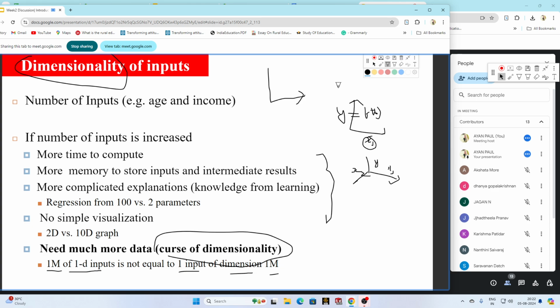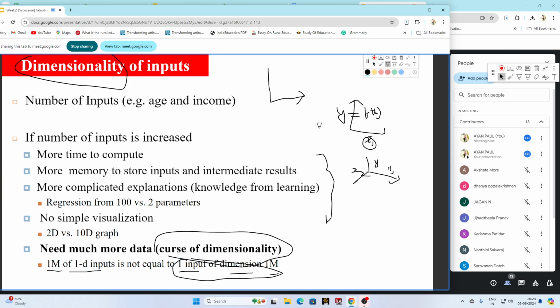So both these things appear similar. Like 1 million into 1, we technically have 1 million points here also, but the problem is we cannot fit the curve in this case, because we have only one data point for one input.